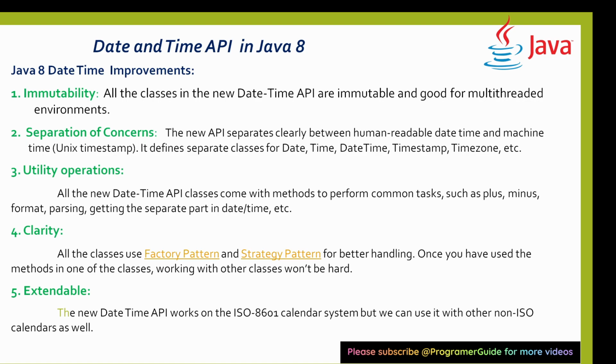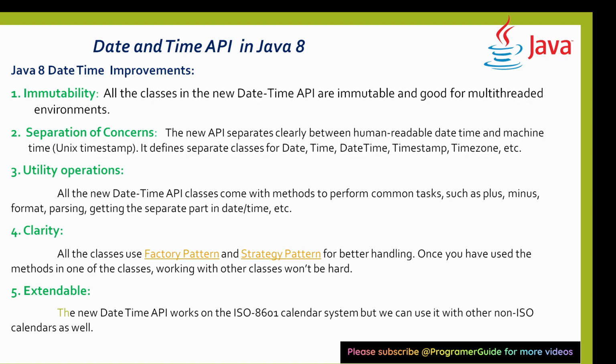It defines separate classes for date, time, date and time, timestamp, time zone and other classes. Utility operations: the new date and time API comes with methods to perform common tasks such as plus, minus, format, parsing, and getting separate parts of the date and time.